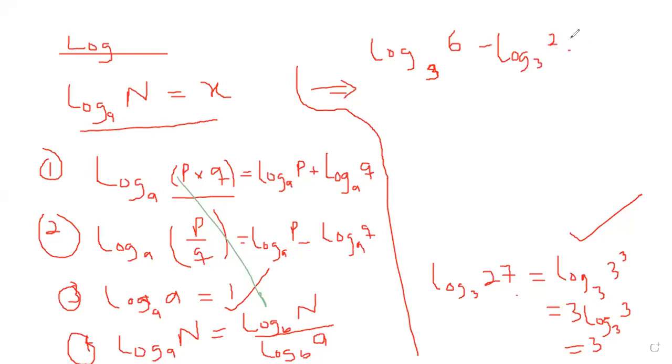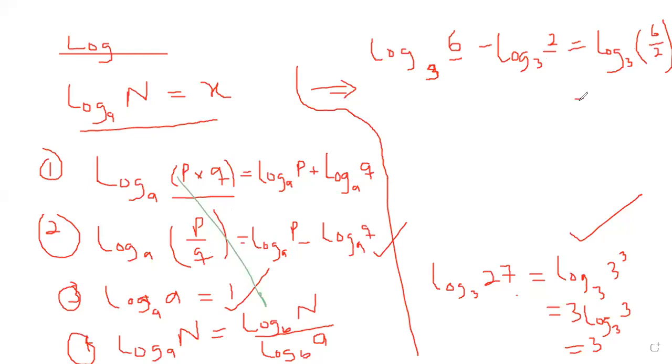When we look at this, it follows this rule. So it means that we are going to divide P by Q, knowing that we have a common base of a. This will be the P and this will be the Q. So this will be log, now P is 6, Q is 2, then the base is 3.